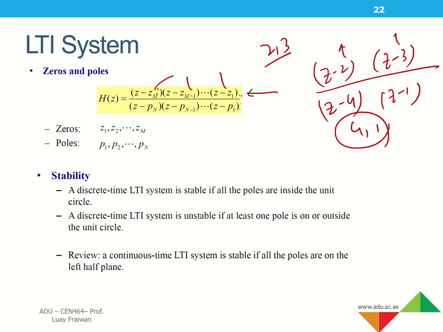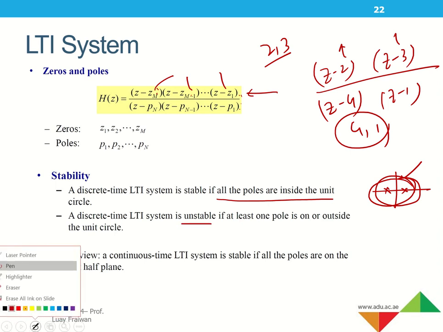If you know the zeros and poles, we can easily identify the stability of the system, as we learned earlier about the ROC. A discrete time LTI system is stable if all the poles are inside the unit circle. The system will be unstable if at least one pole is on or outside the unit circle.